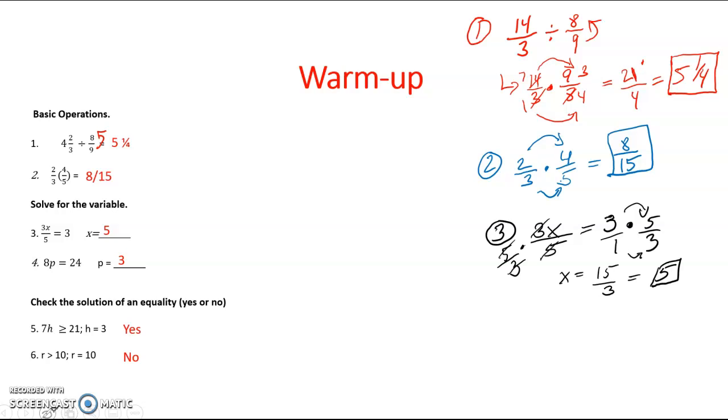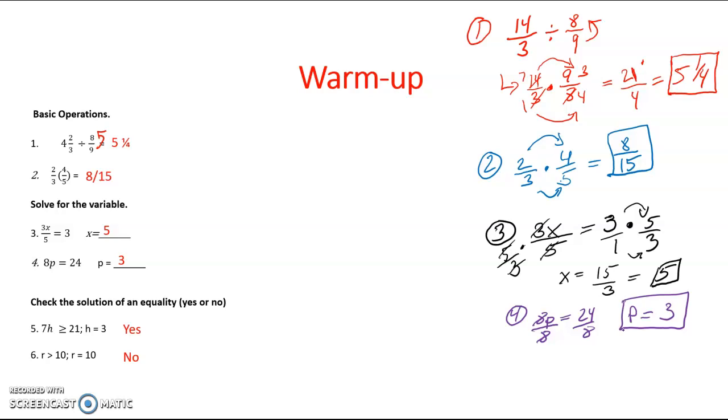All right, so let's go on to number 4. Let's go with purple. All right, so 8p equals 24, so I'm going to do the inverse operation again. 8 times p, so the inverse operation of multiplication is division, so I'm going to divide both sides by 8, cross out, and so I'm left with p, and then 24 divided by 8 is 3, so p equals 3.